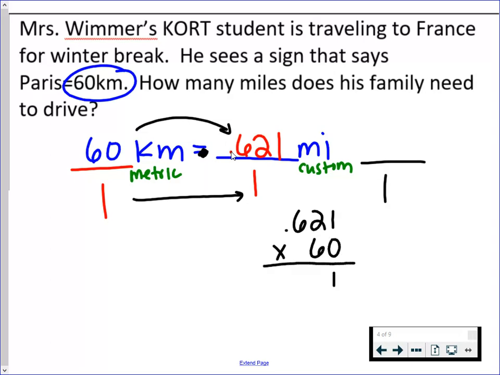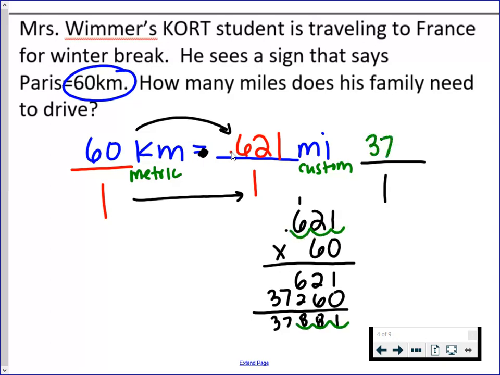Multiply like there is no decimal. Count 1, 2, 3, 1, 2, 3, 37.881 miles.